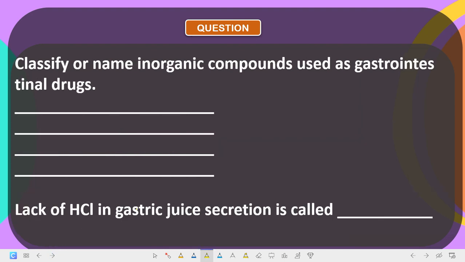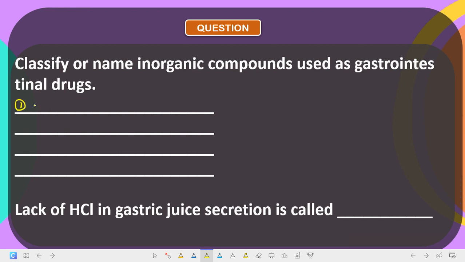Now the next: classify or name inorganic compounds used as gastrointestinal drugs. This is one of the exam questions. What do you think will be the answer? Classify or name inorganic compounds used as gastrointestinal drugs. Okay, let me try and remember.